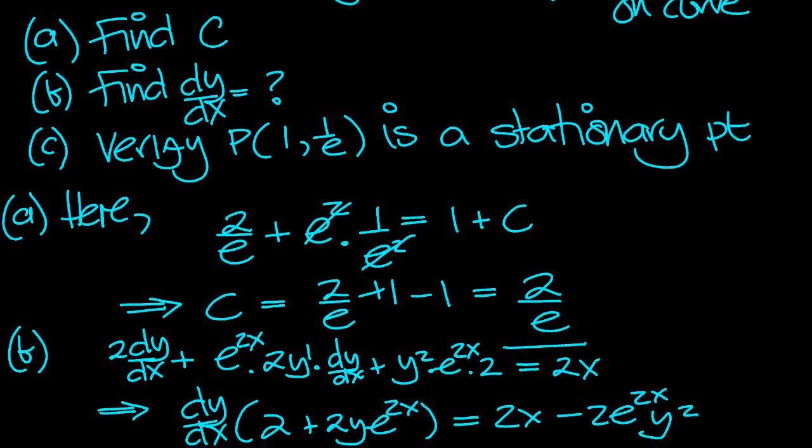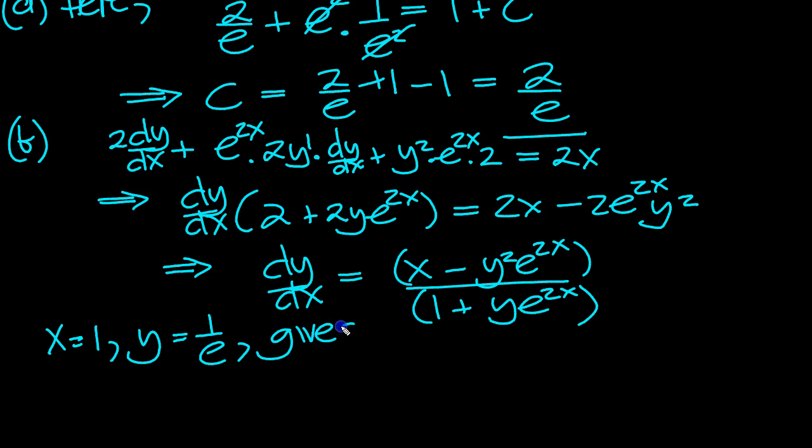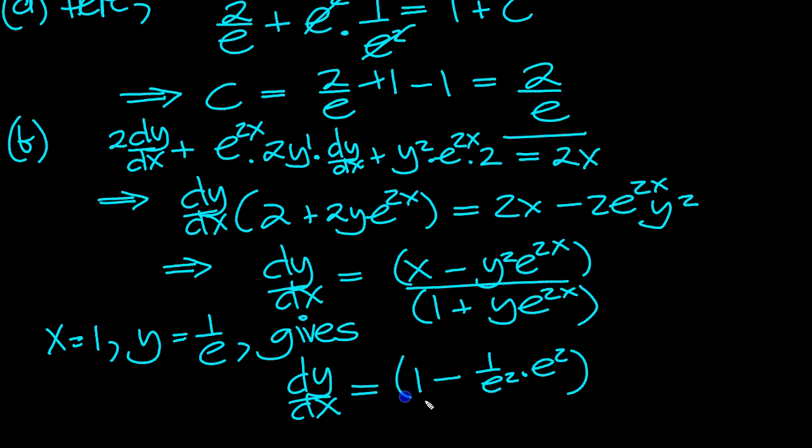Okay, verify that P (1, 1 over e) is a stationary point. So x equals 1, y equals 1 over e gives dy/dx is equal to, so x is 1, minus y squared, which is 1 over e squared, times e to the 2x, which with x as 1 is e squared, which would be 0 on top.